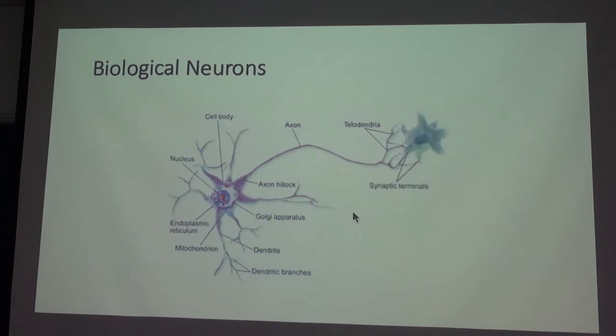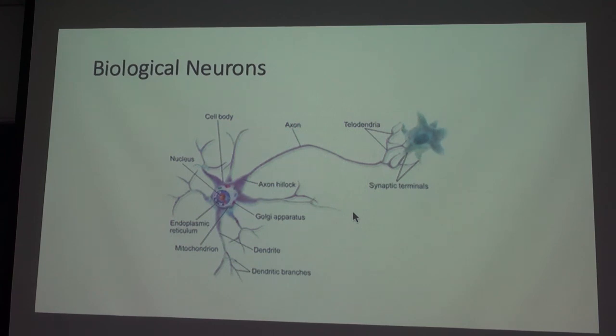So here we have dendrites, dendrites, and this very long branch is called the axon. You can see it has many branches, and each branch is connected to another neuron.